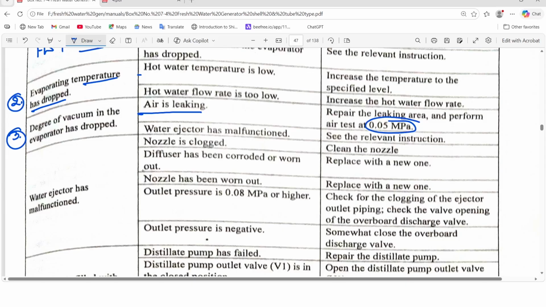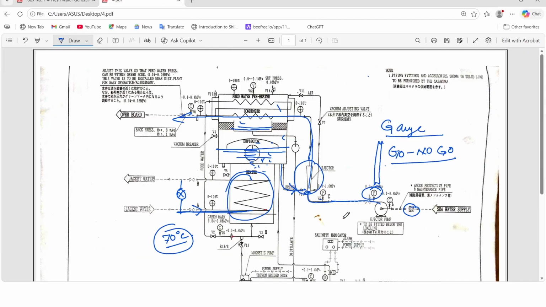Second reason they give for vacuum dropping is the water ejector is not working. There can be reasons where you have to open up the ejector and see whether the nozzle has become bigger in size, or there is a problem with the ejector unit. Because this is of brass, the ejector sometimes malfunctions due to this also.